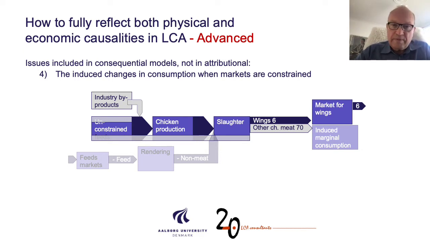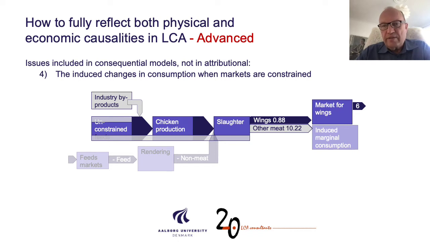No, we haven't, because there is, in fact, only 0.88 kilograms of wings produced when we provide the revenue related to 6 kilograms of wings. Because the slaughterhouse will only produce as much as it receives in revenue, then we have a situation where we have less wings produced than we have actually asked for.